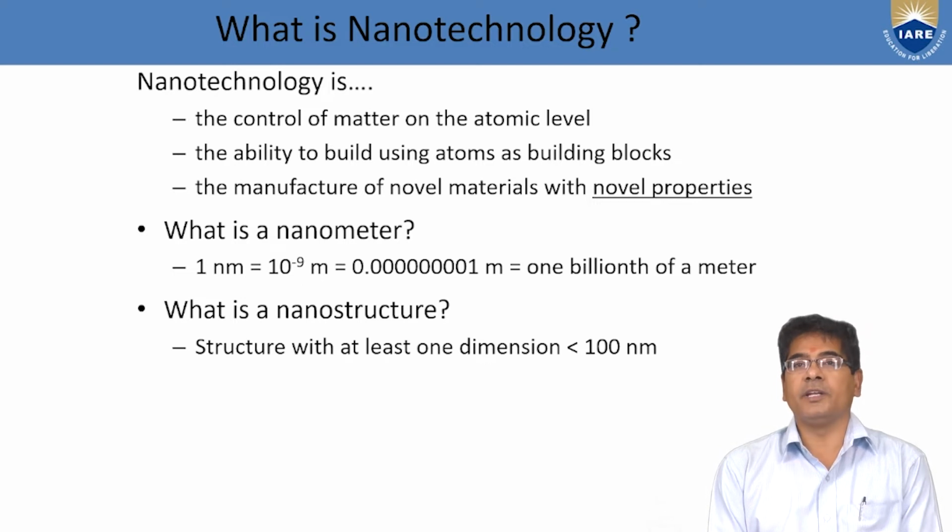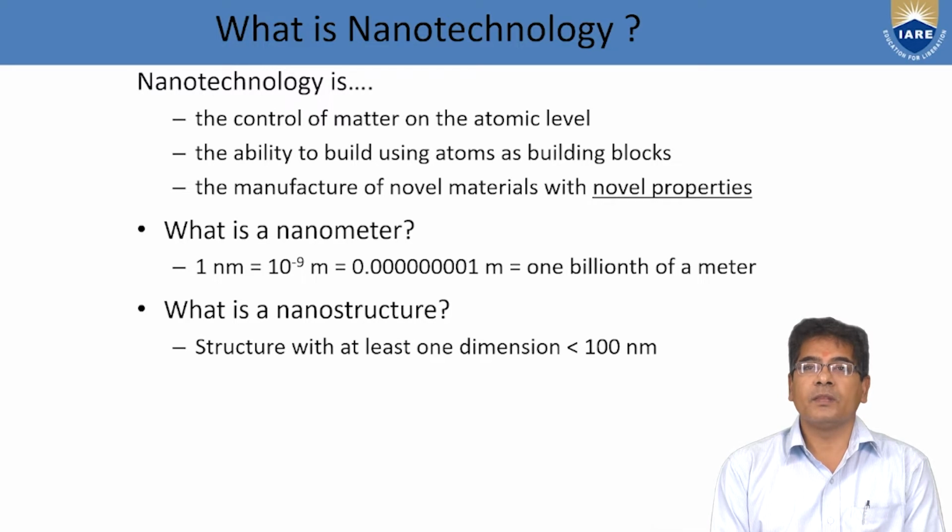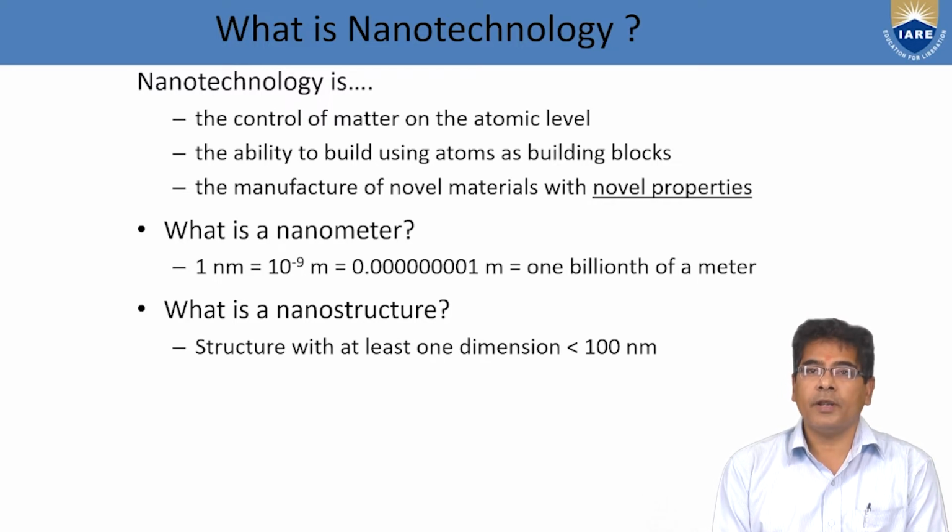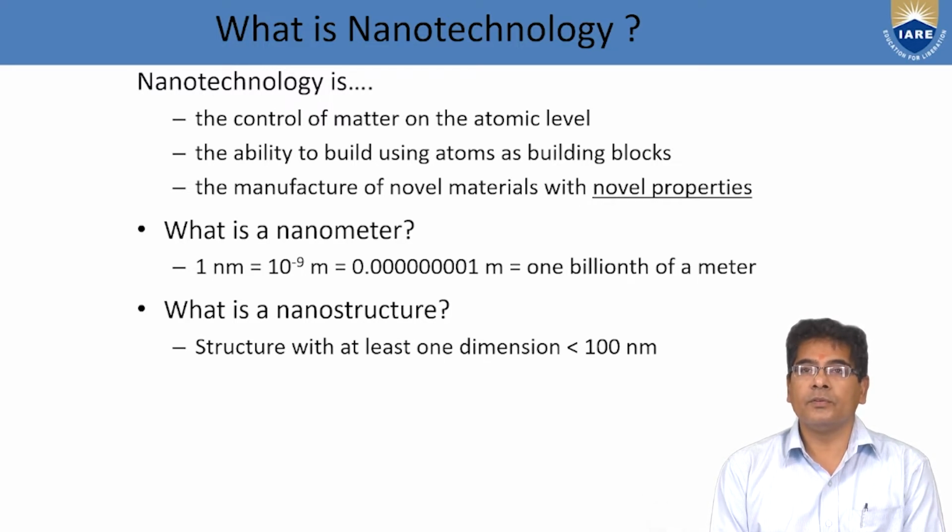So what is a nanometer? One nanometer is equal to 10 power minus 9 meters, which is equal to 0.000000001 meter, which is one billionth of a meter.